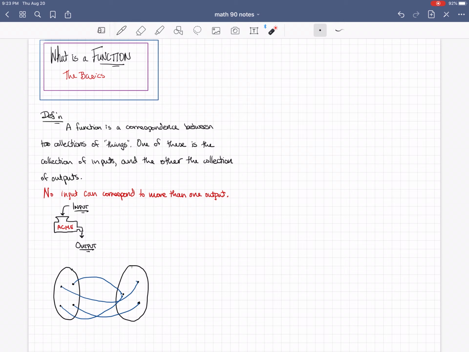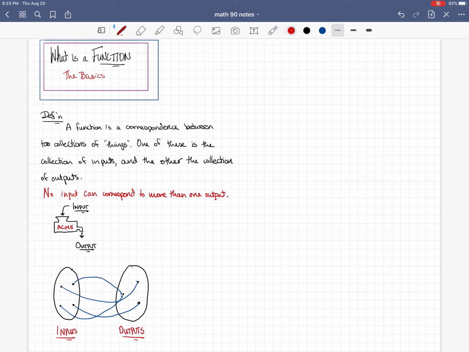So let's ask that question, is this a function? Well, if I ask you that question, the first question is, well, okay, but which ones are the inputs and which ones are the outputs? So let's say that the left blob represents the inputs and the right blob represents the outputs.